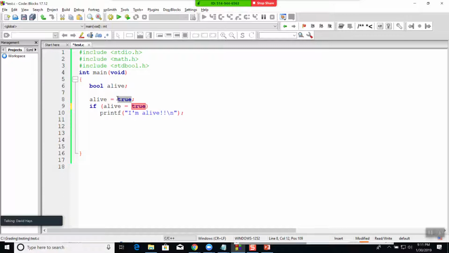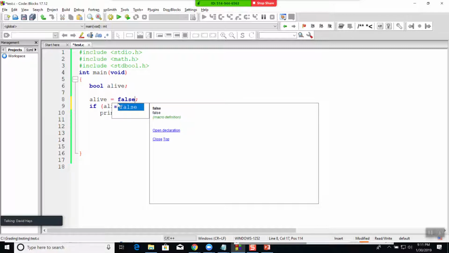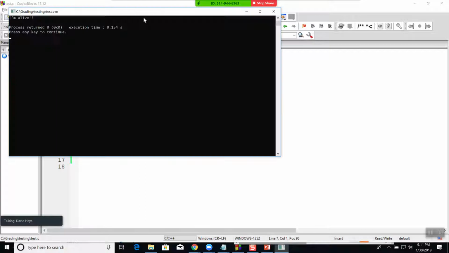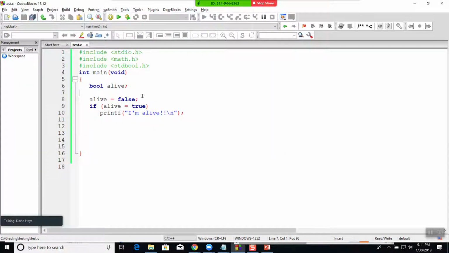So if I change this to false, let's see what happens when I run it. It says I'm alive. Well, that doesn't make any sense because I just set it equal to false. I mean, I'm not alive. And here I'm checking, but this is just an assignment. An assignment will always return 1 or true. So that's why you have to make sure when you do that that you put 2 equals in there.